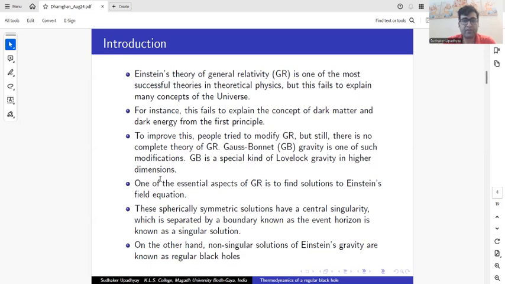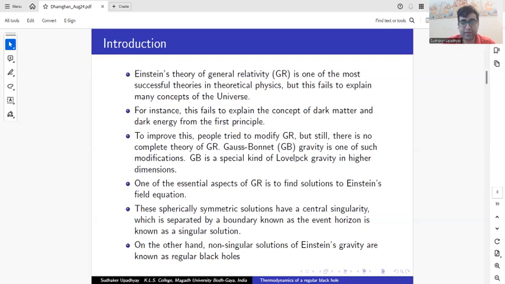So to improve the situation of GR, one needs to modify it, because it does not explain everything in a correct manner. There is no complete theory of GR, you see.